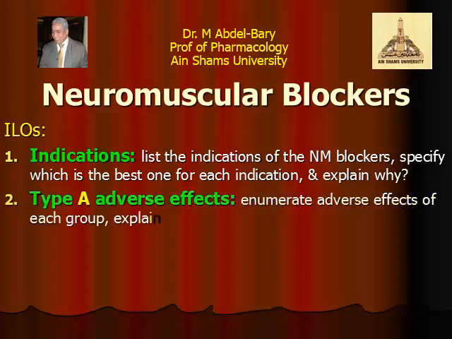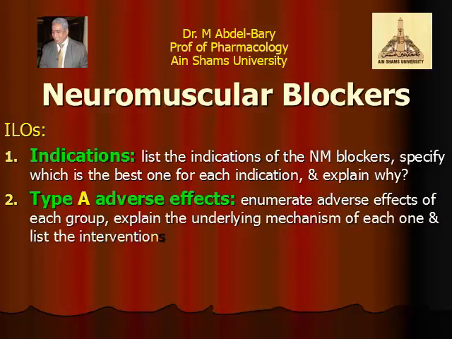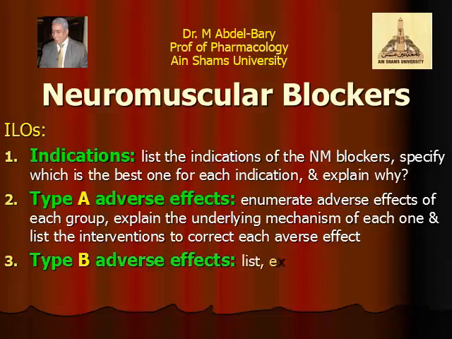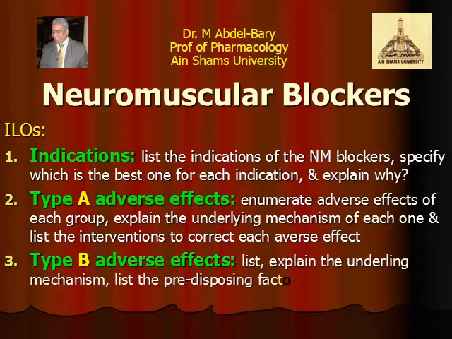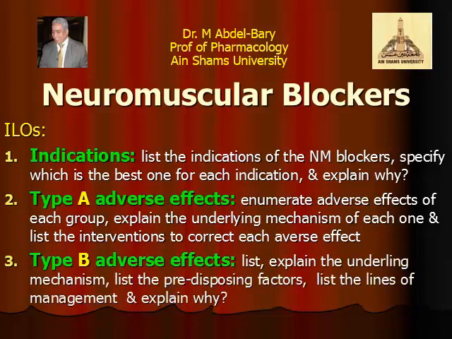Enumerate type A, or augmented adverse effects of each group, explain the underlying mechanism of each adverse effect, and list the interventions to correct each one. 3. List the 2 most common type B, or bizarre adverse effects, explain the underlying mechanism for each one, list the predisposing factors, and list the lines of management, giving reasons for choosing each line.